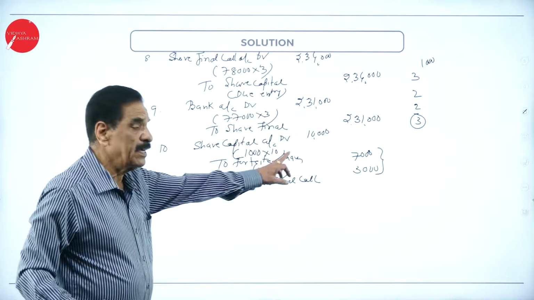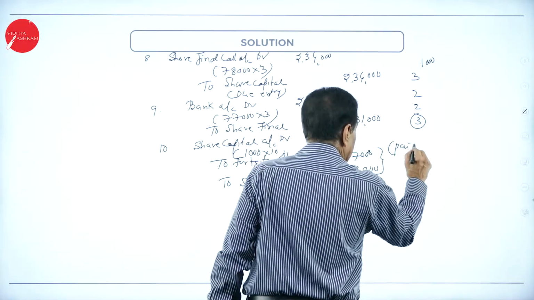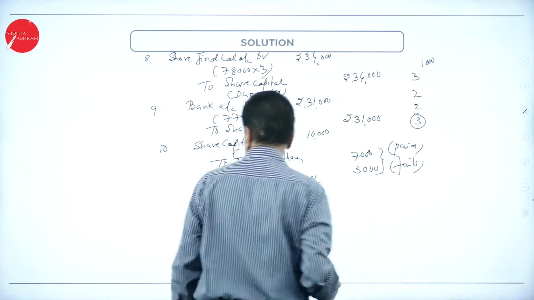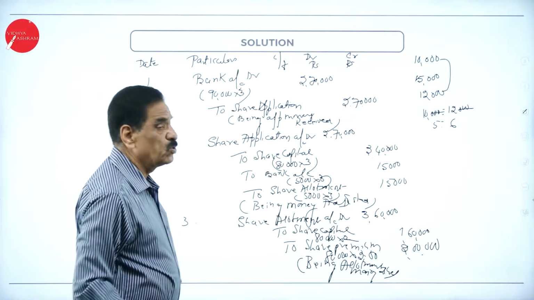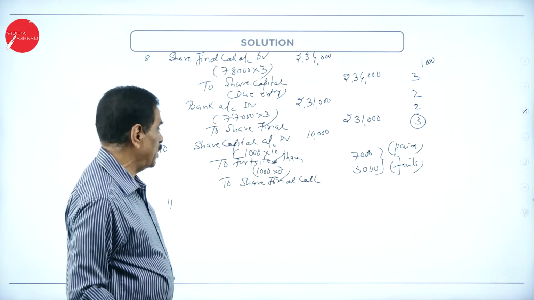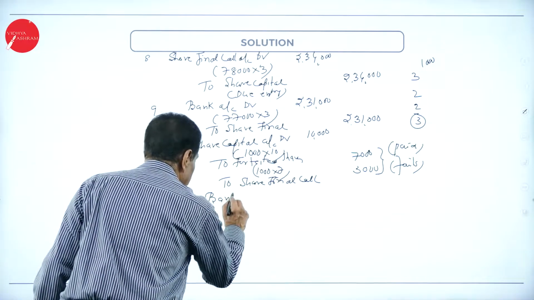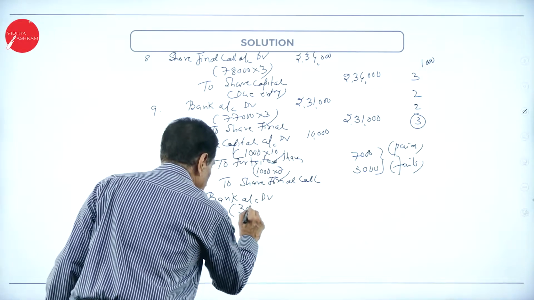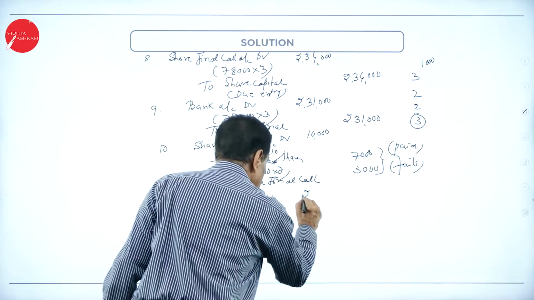How much does he have to pay? 10,000. How much already paid? This is paid. Then he fails. Then reissued at rupees 8. So 2,000 of first month, 1,000 of second. Reissue entry. Bank account debtor, 3,000 into 8, 24,000.